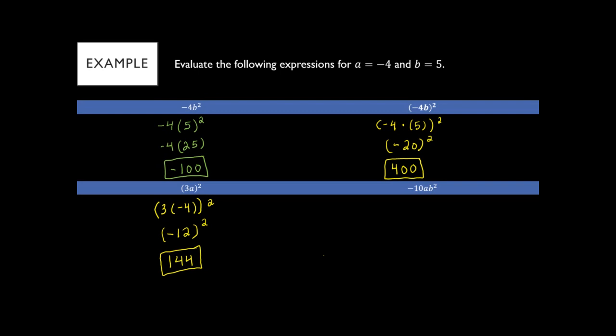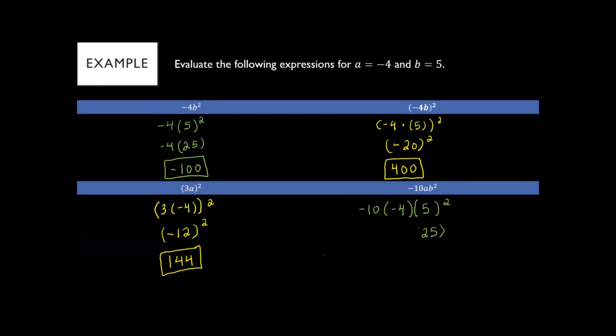Now on the right, I have a negative 10 times a times b squared. So I have negative 10 multiplied by a, and I'm going to use parentheses to show that multiplication, and a is negative 4. Then I'm multiplied by b squared, so that's b, which is 5, and then the exponent. Order of operations, we have to do the exponent first, so I need to do 5 squared first.